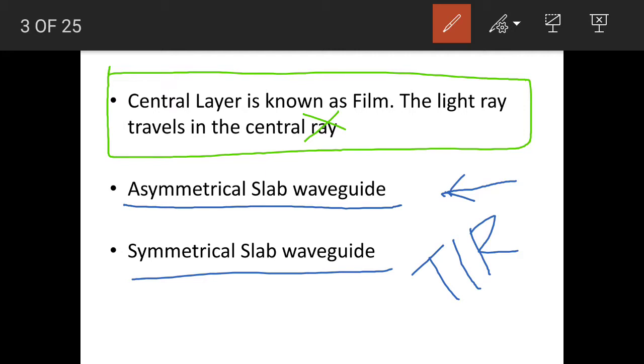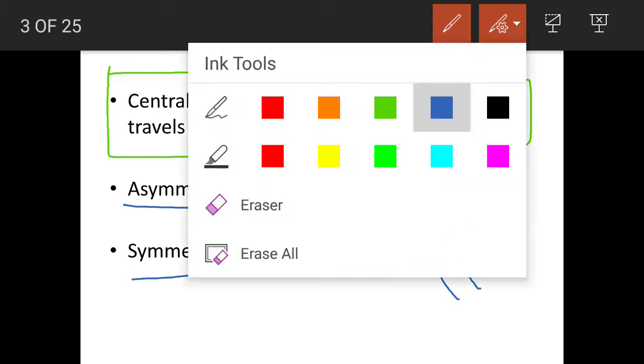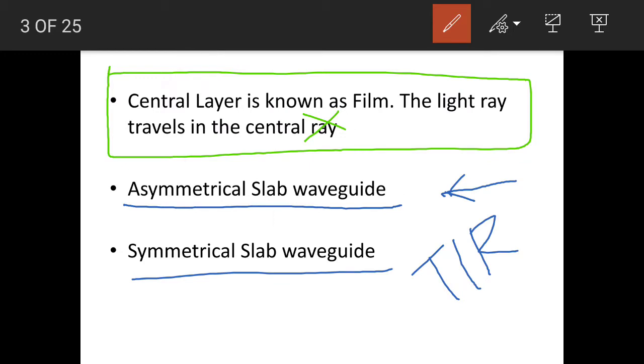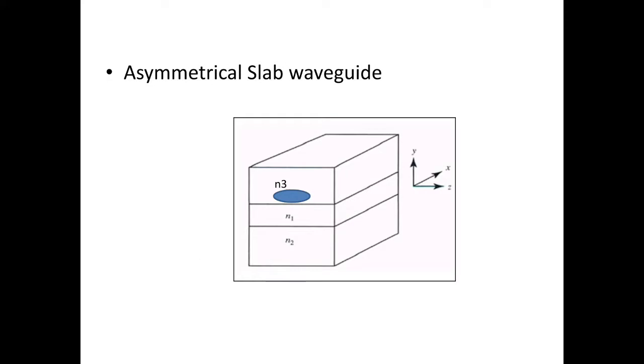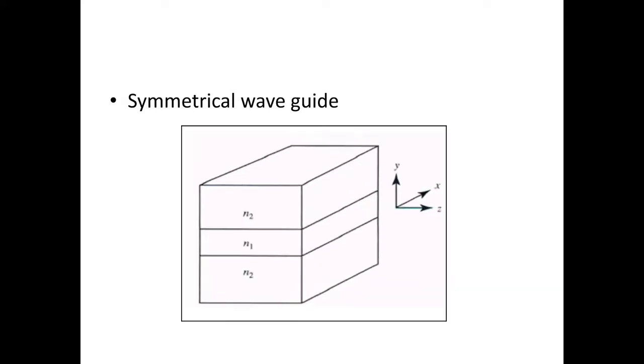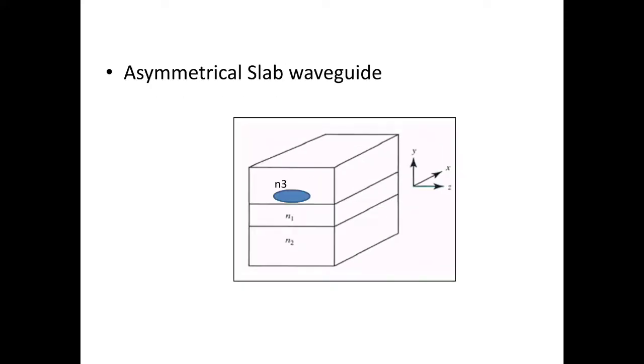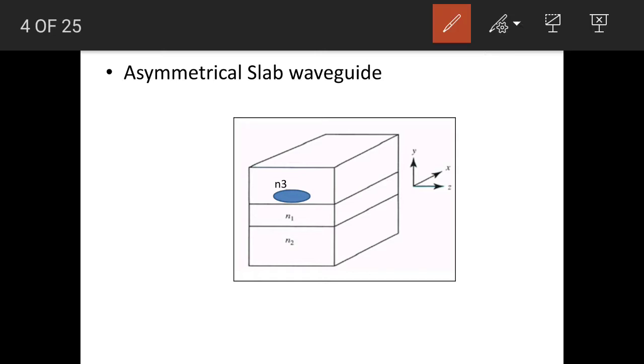So let us consider the asymmetrical slab waveguide first. The waveguide will be known as asymmetrical waveguide if the refractive index of the top layer is not equal to the refractive index of the bottom layer.